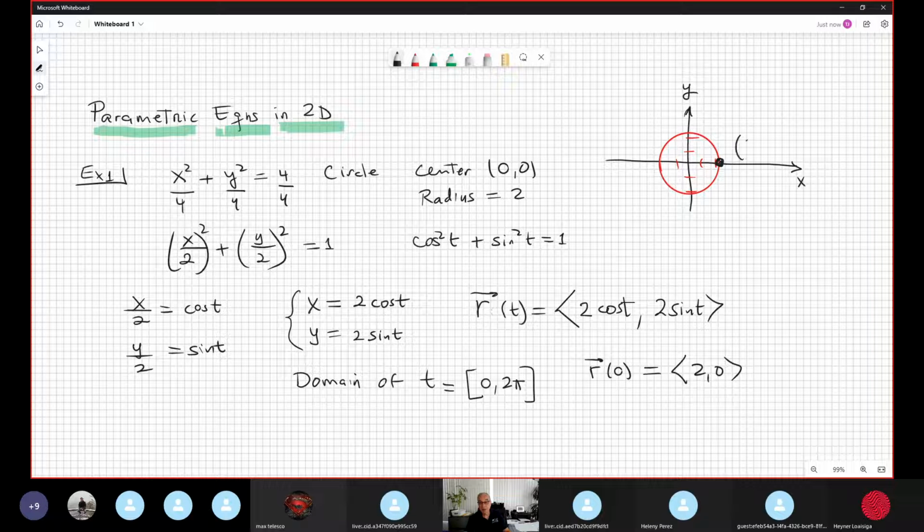Suppose at pi over 2: cosine pi over 2 is 0 and sine pi over 2 is 1, so 1 times 2 is 2, and the point is (0, 2), and the vector is exactly the same. We are talking about the position vector so far. And you continue evaluating at pi, 3 pi over 2, and 2 pi, as we rotate in this direction, and come back to the start because it's closed.